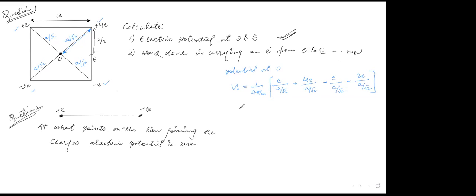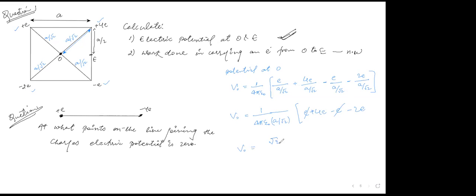From all of this, you can take A over root 2 as common: 1 over 4 pi epsilon naught times A over root 2, in brackets E plus 4E minus E minus 2E. E and E will cancel each other. Plus 4E and minus 2E will be 2E.